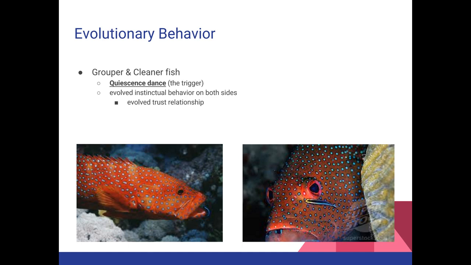It will drop its jaw, it'll just go slack-jawed, and the cleaning fish goes inside its mouth and cleans all inside of it. And then it leaves, and then the grouper wakes up moments afterwards. They don't know if the grouper's none the wiser, but now it has a clean mouth, and it's the same sort of deal. And this is an evolved trust relationship. You can basically take these two animals and drop them in a random tank, and they will engage in this behavior.